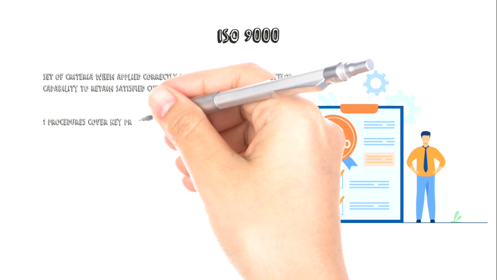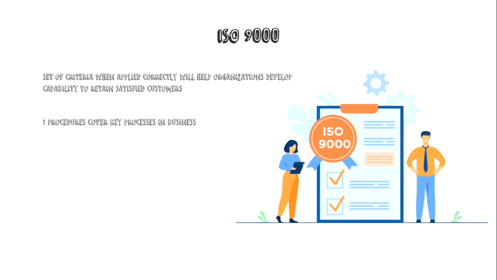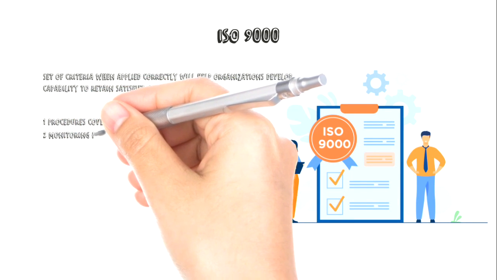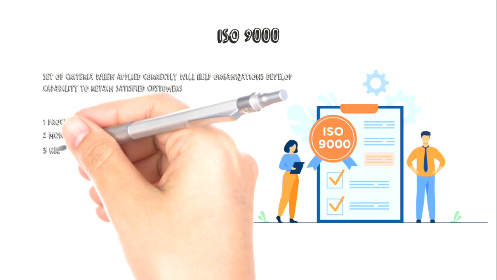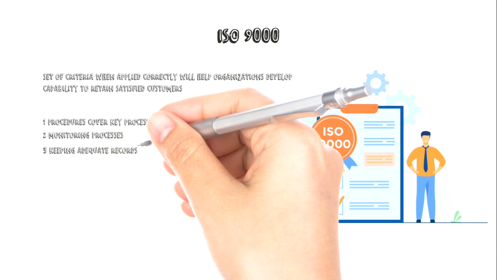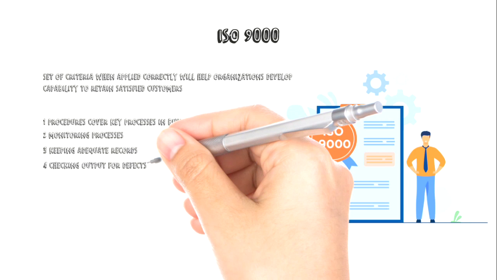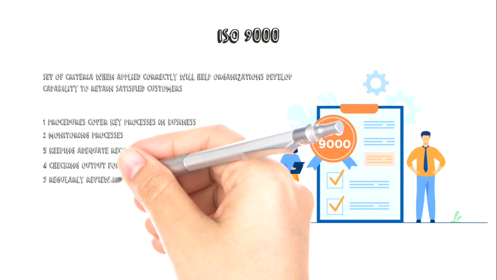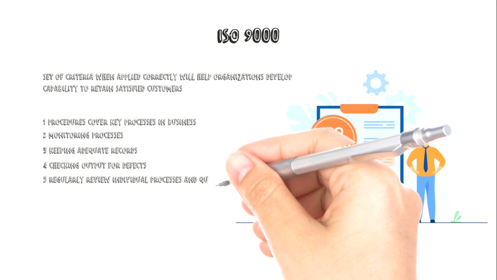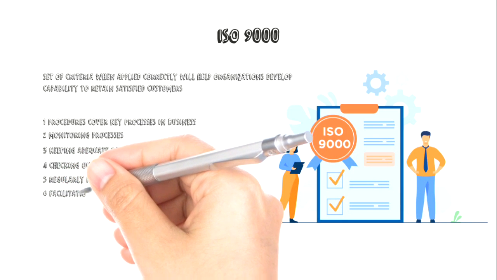Requirements: procedures cover key processes in business, monitoring processes, keeping adequate records, checking output for defects, regularly reviewing individual processes and quality, and lastly, facilitating continual improvement.